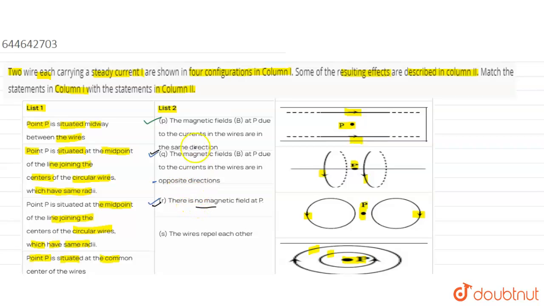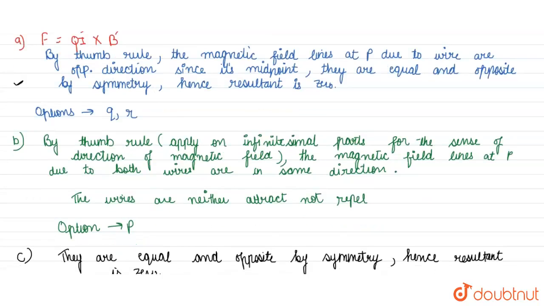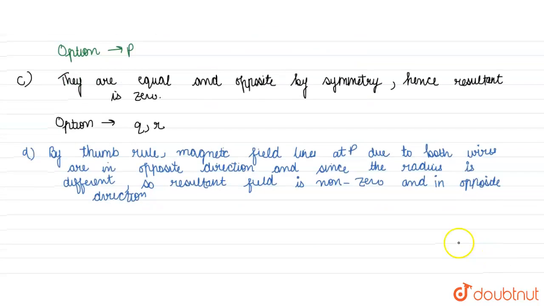As we can see from the answer, the thumb rule magnetic field lines at P due to both wires are in opposite direction, but the radius is different, so the resultant field is non-zero. So as we can see, for this the option P is true. So option P. I hope guys now you understand all these questions.